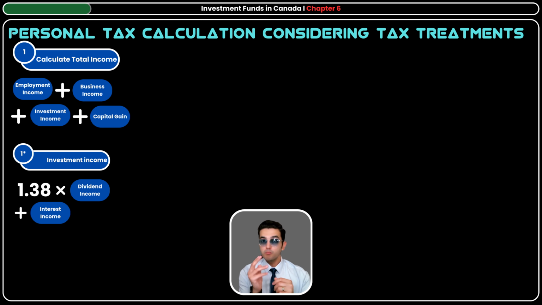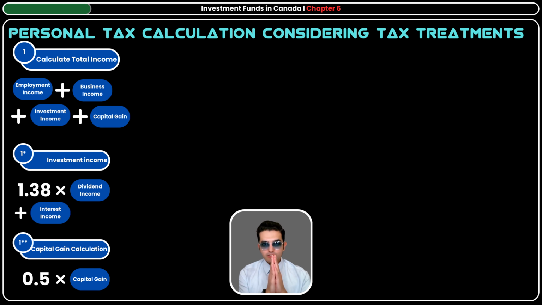Point number 2, when calculating total income, just 50% of your capital gain is taxed. So your interest income is fully taxed, no tax treatment. Dividends, you need to gross up your total received dividends by 38%, so multiply those dividends by 1.38.